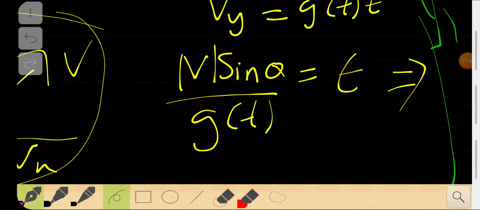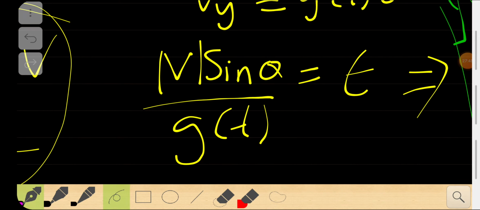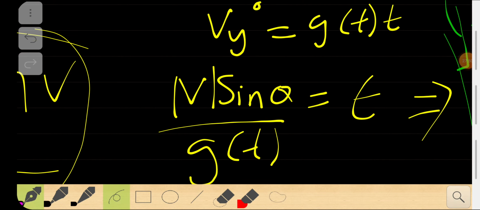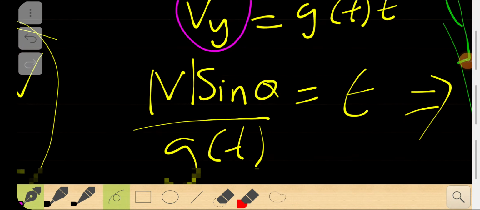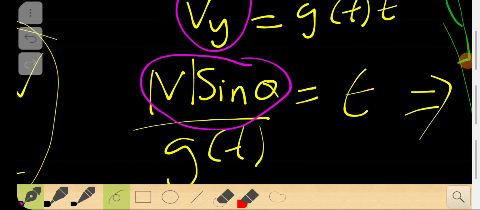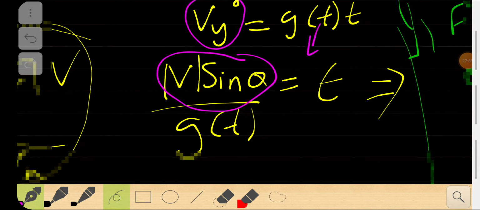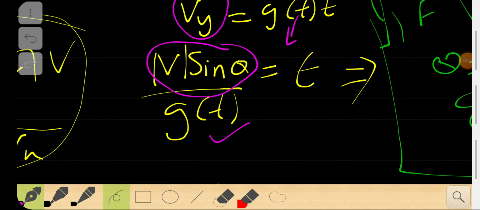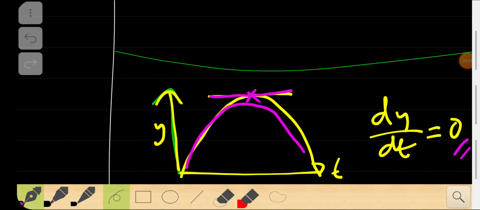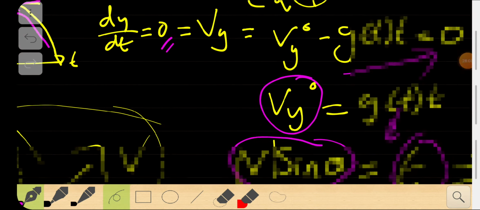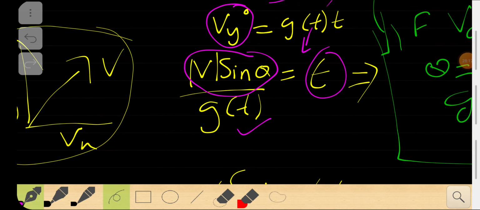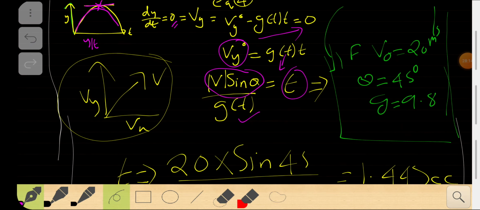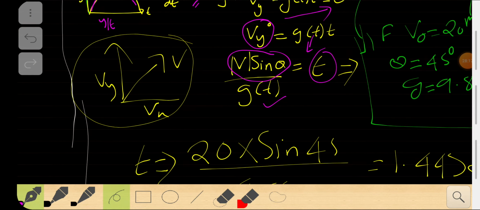Now vy0 is just v sine theta, so substitute that back here and bring this g downside. So the time to reach this point is t equals v sine theta by g. So that is the time we found out.